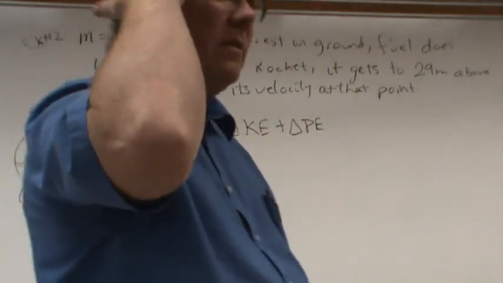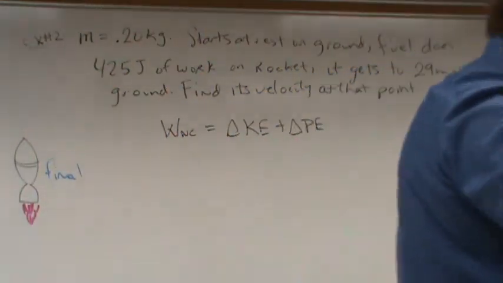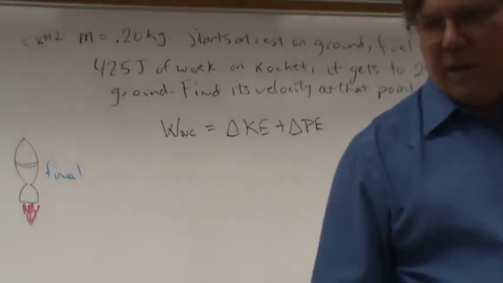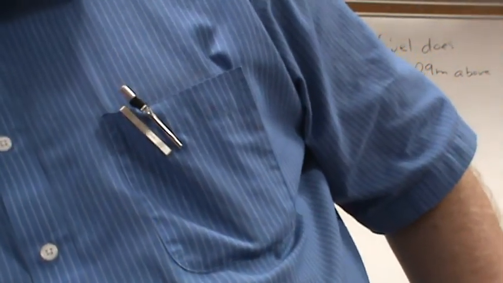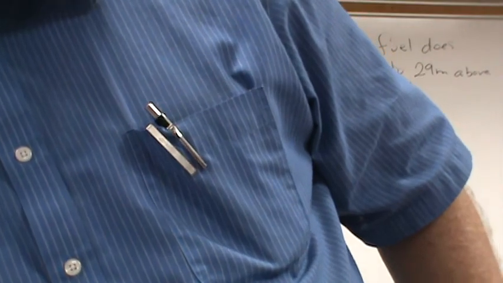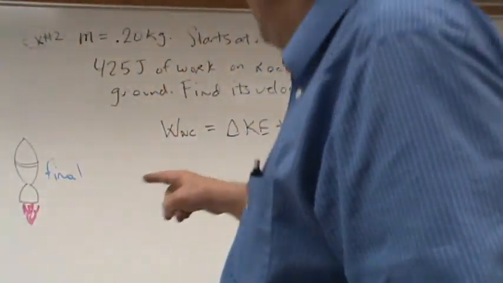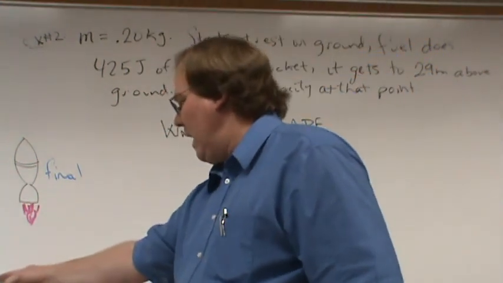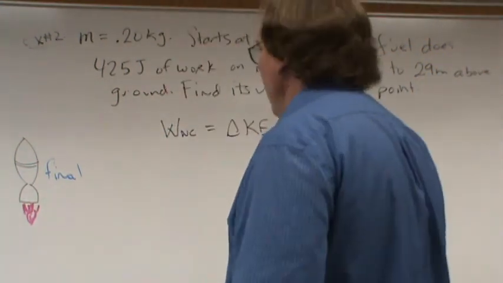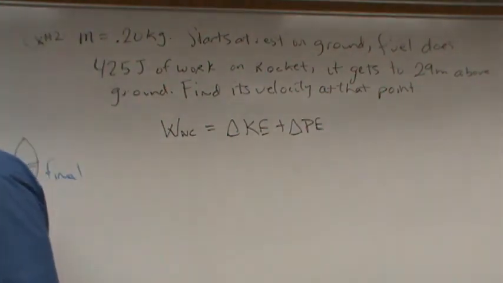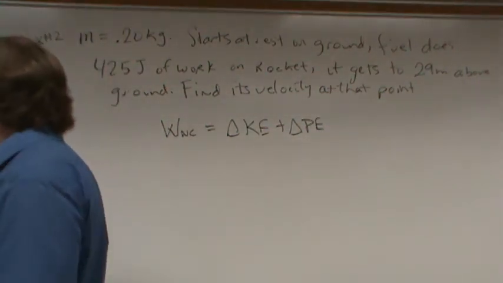Oh, what's the answer? 60.7. What was I looking at? Oh yeah, you're doing right. Are both of your terms positive? Because, see, this is the second one, right? But you'll notice the initial speed and the initial height are both 0. So this guy and this guy should both be 0.